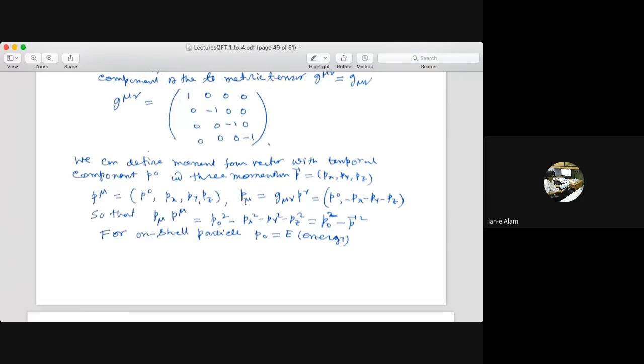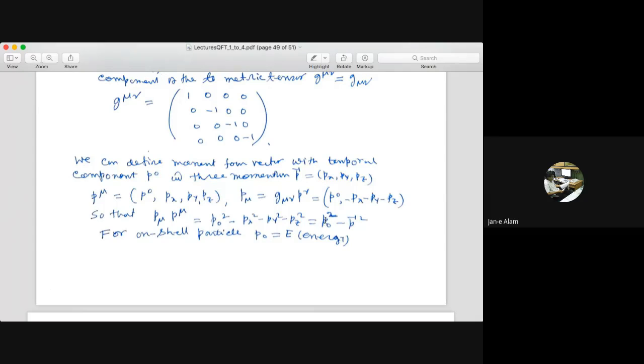Its covariant component will again be g mu nu times p nu, which is p0 and then minus px, minus py, minus pz. Okay, and if I take the product of p mu and p mu, I get p0 square minus px square minus py square minus pz square, which is equal to p0 square minus p square. Now this p0 is the temporal component of the momentum 4-vector for an on-shell particle, or real particle, which obeys the Einstein relation. This p0 could be the energy of the particle.